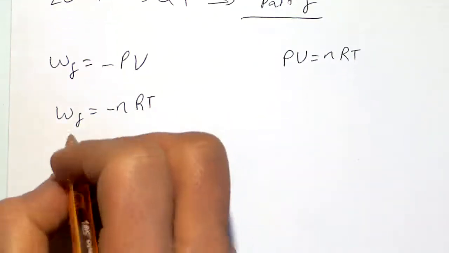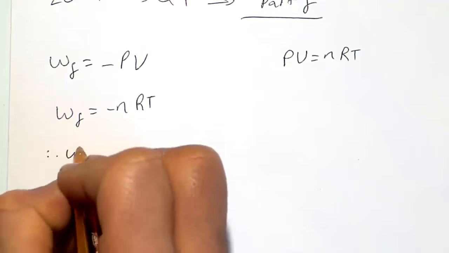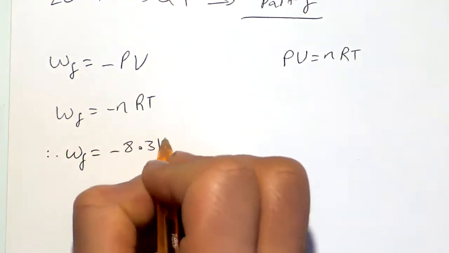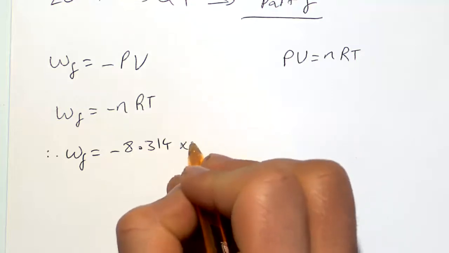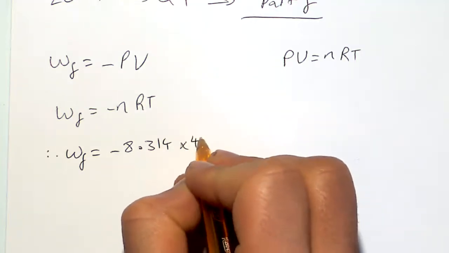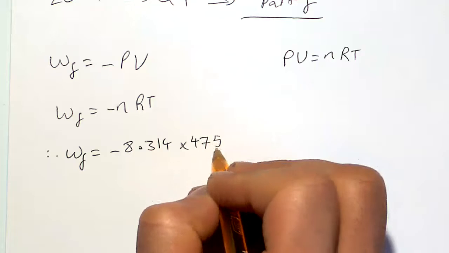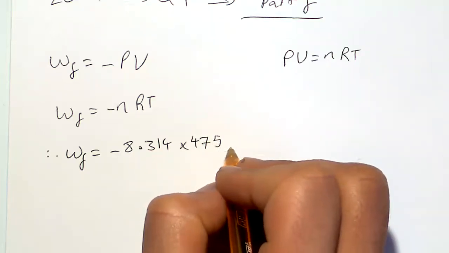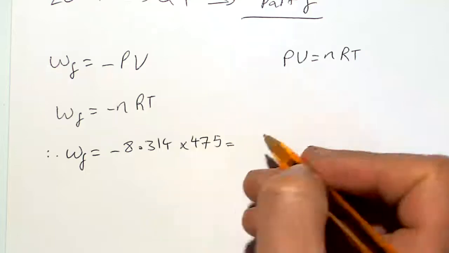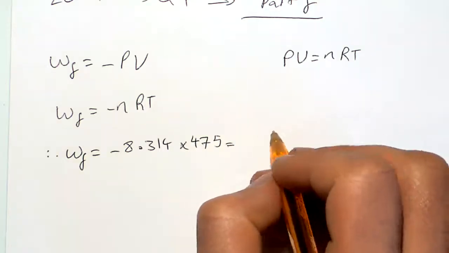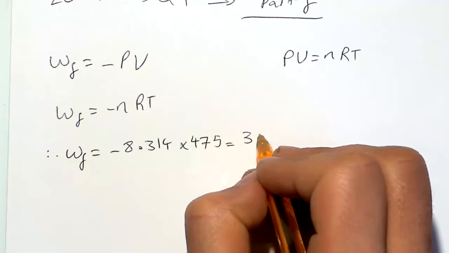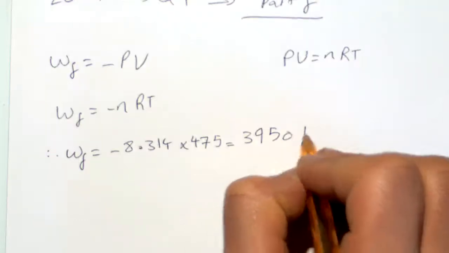Therefore, fluid work in this case equals negative 8.314 multiplied by 475, the temperature, and it's for 1 mole. So the fluid work is 3,950 kilojoules.